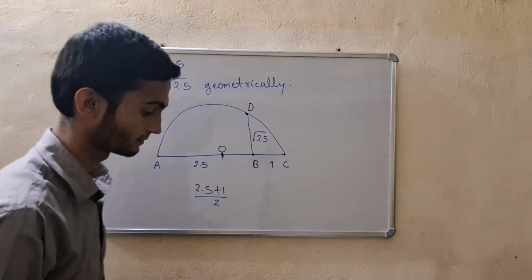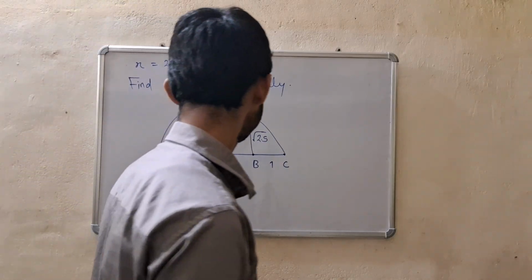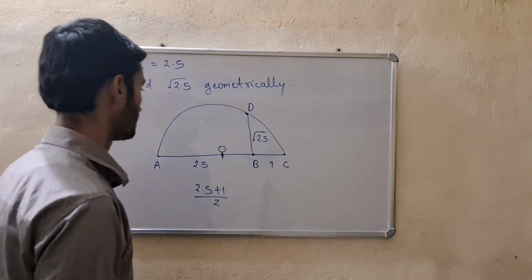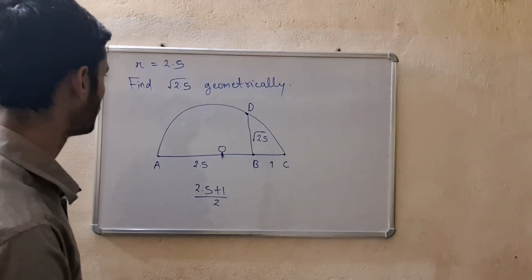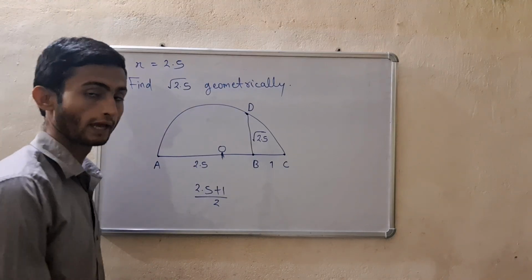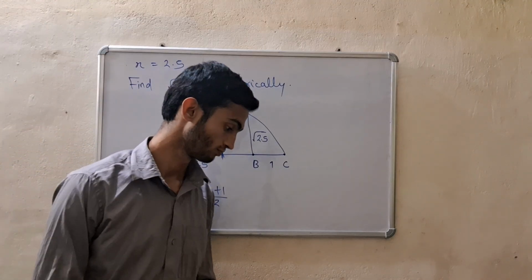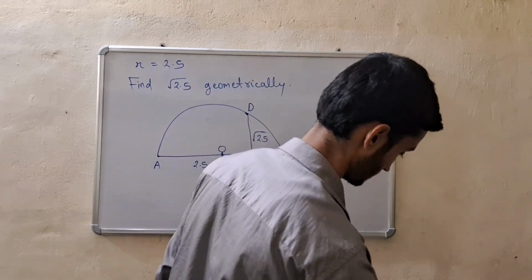That is amazing, right? This is how you find the square root of x for any positive real number x.